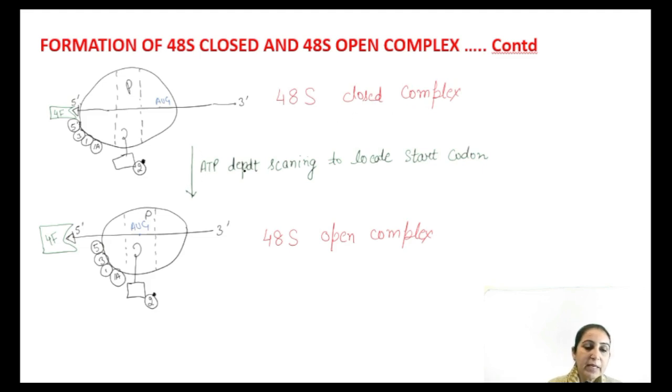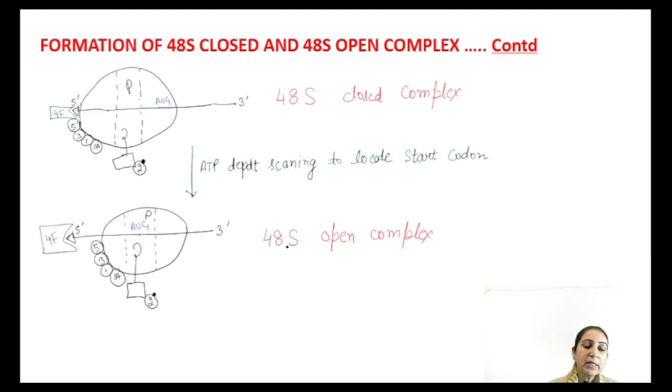After that, ATP dependent scanning occurs to locate the start codon. So our ribosome, the 40S subunit, moves upon this mRNA so that the anticodon on the transfer RNA gets bound to the start codon in the mRNA. When they get bound, this whole structure is said to be transformed into a 48S open complex.